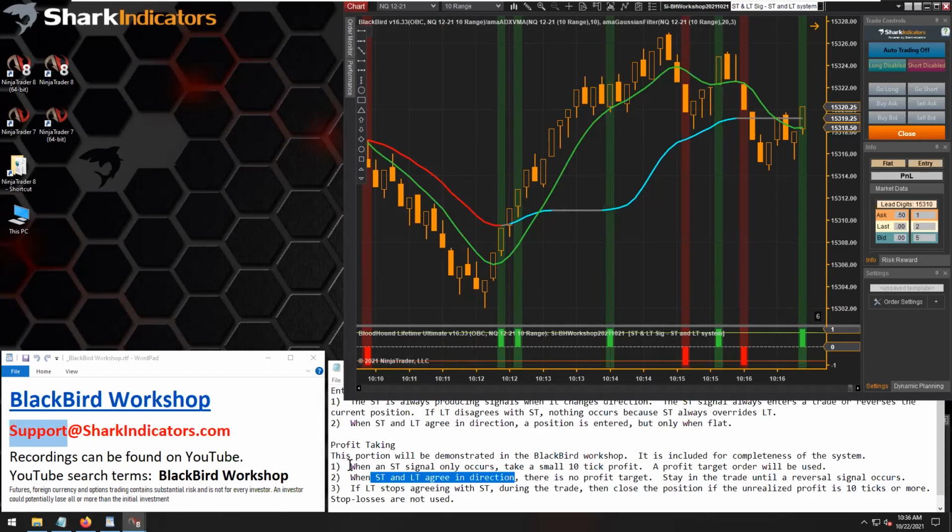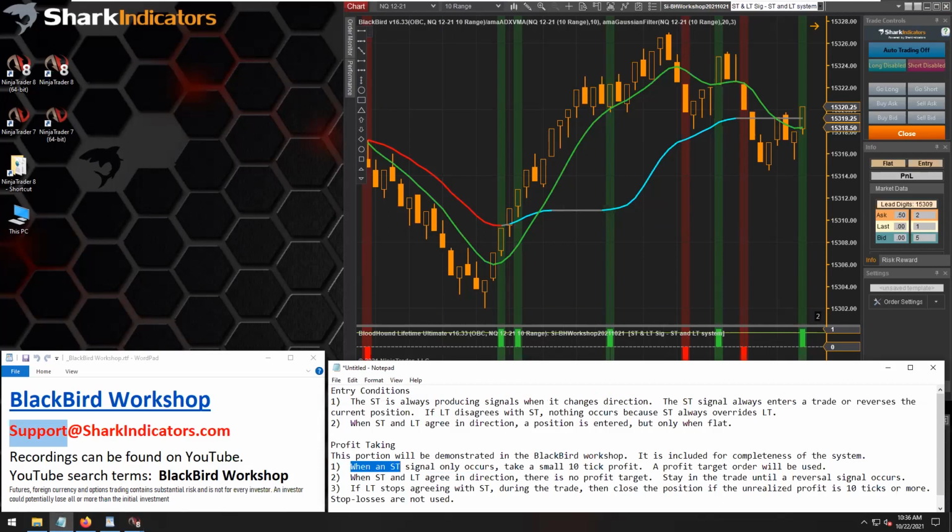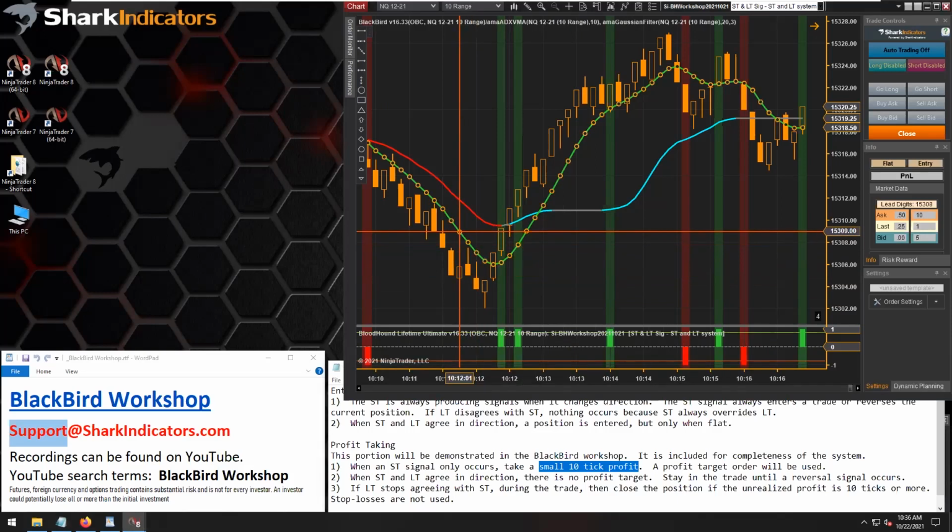All right, so now we can get to the profit taking. When we have just the short-term signal only, the system is just going for a small 10-tick profit. In other words, for the short-term signals that come from just the Gaussian moving average reversing direction, you're supposed to take a 10-tick target.